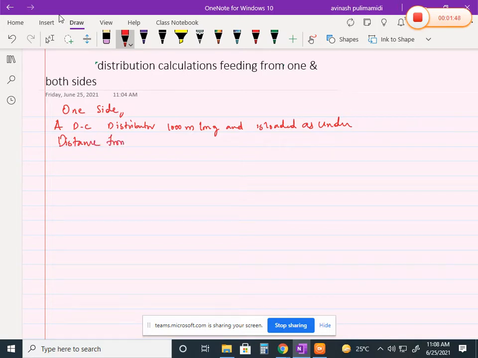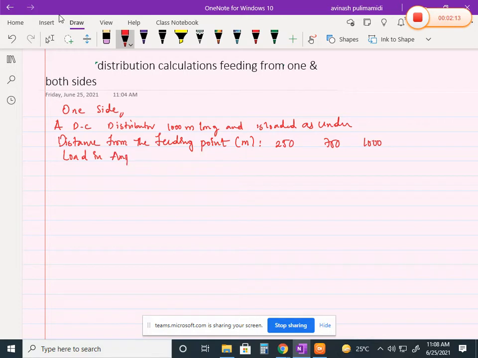Distance from the feeding point, which is in meters, is 250, 750, and 1000.